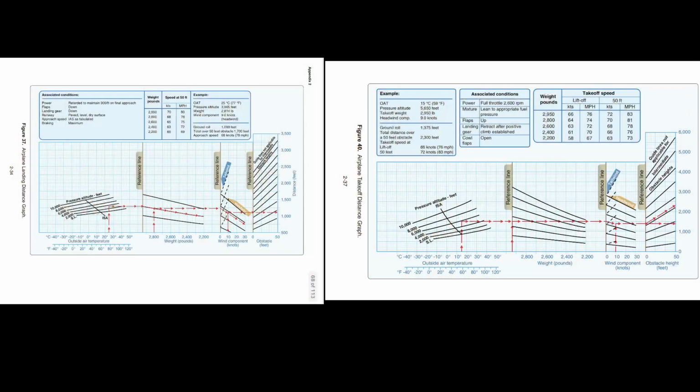Just to show you, this is what they look like side by side. As you can see, one's long. I had to scrunch them up a little bit to fit them both on the screen. You can see that some of the lines are a little bit further apart, and there's a few more lines on the takeoff graph than there are on the landing graph.